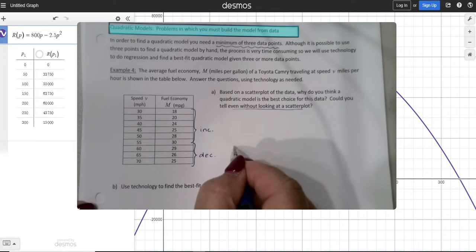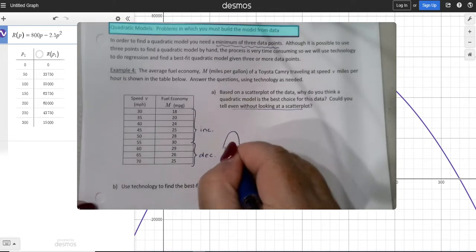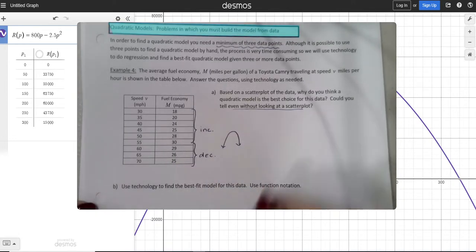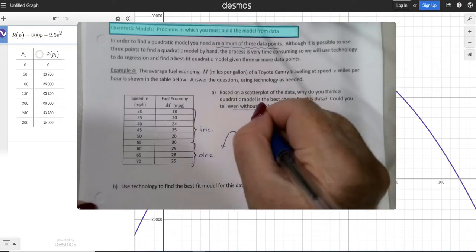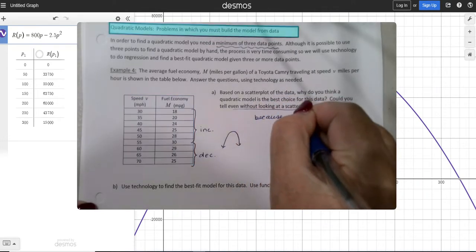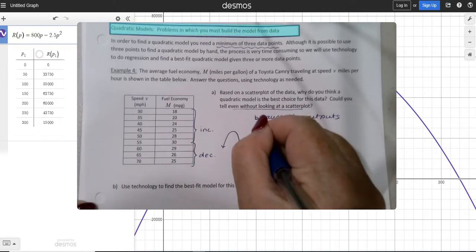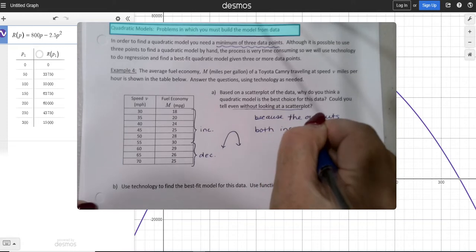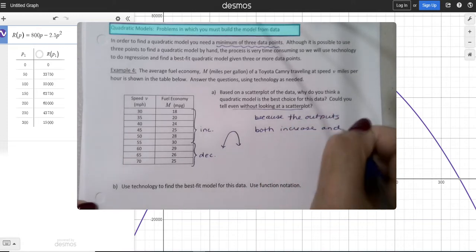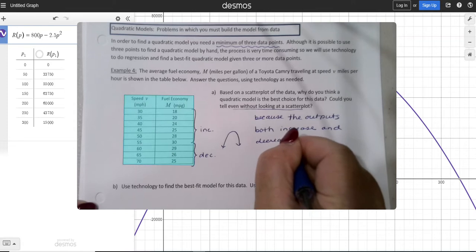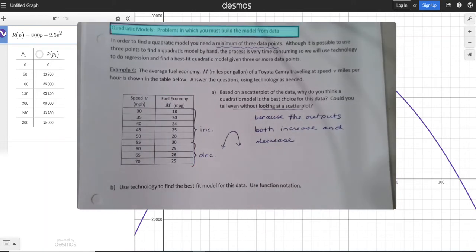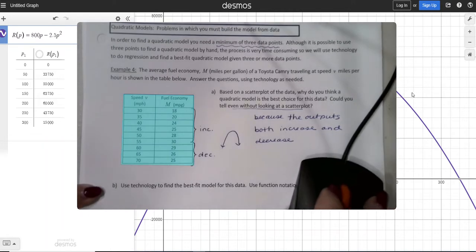Going up and then down again is a parabolic shape, because the outputs both increase and decrease. But in addition to seeing that informally, let's do an actual scatter plot, and hopefully we'll see a pattern that suggests that a parabola would be a good choice, so that we want a quadratic model.